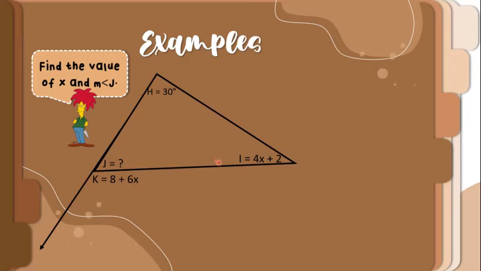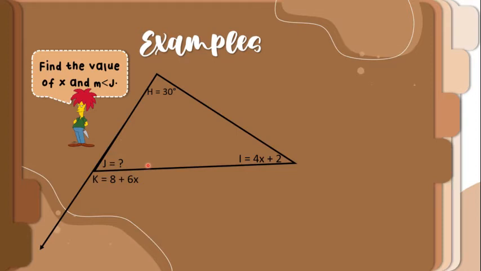Triangle HIJ, which has angles H, I, J. Angle H has a measurement of 30 degrees and angle I has a measurement of 4x plus 2 degrees, while angle J is unknown. We also have here angle K, which is equal to 8 plus 6x degrees.